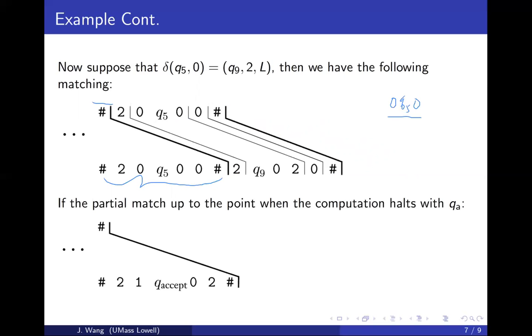Now because it moved to the left, you have to look at its left-hand symbol. And then it changes 0 to 2. So this 0 becomes 2. And then it goes to Q9. So that's Q9 0 2, 0 Q5 0. So now, once again, I'm going to replicate 2.